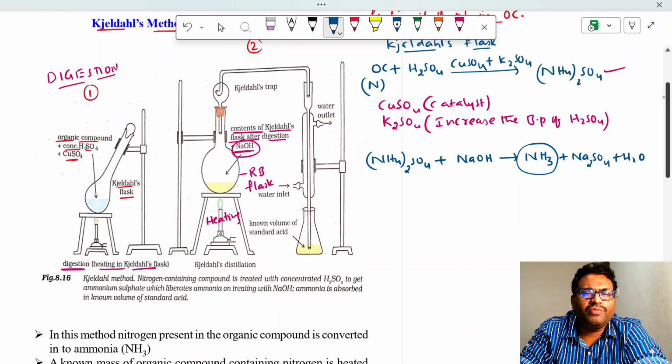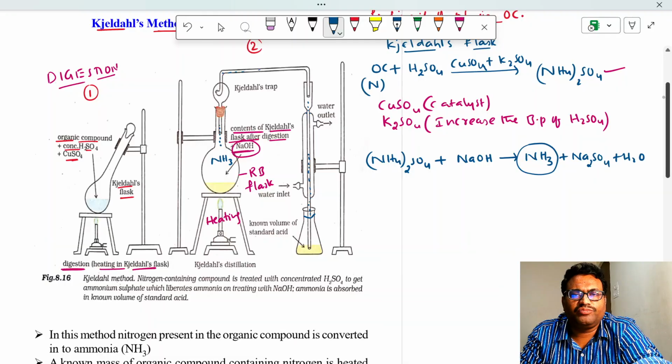Ammonia is released. This ammonia slowly moves in this direction and is absorbed into an acid. The mostly used acid is H2SO4.